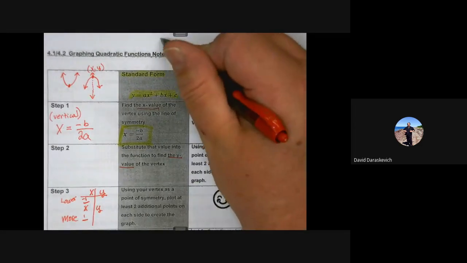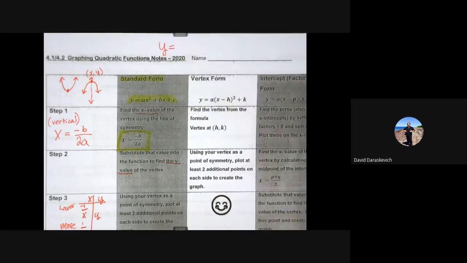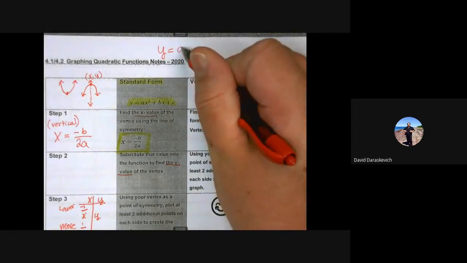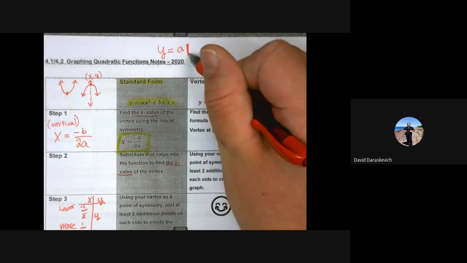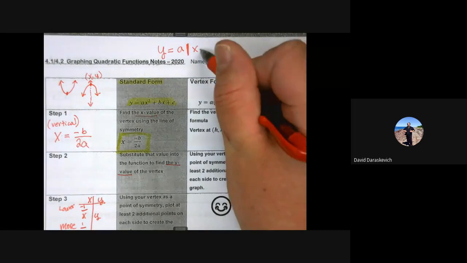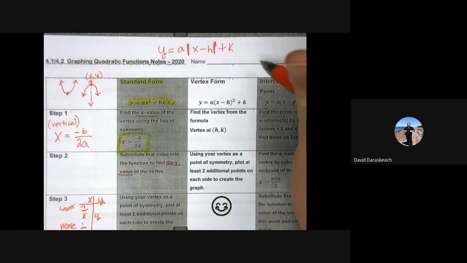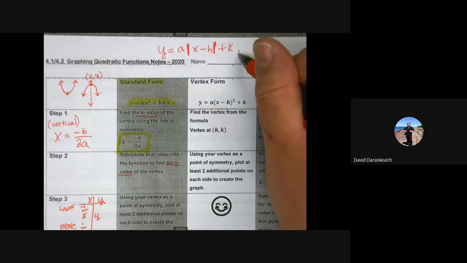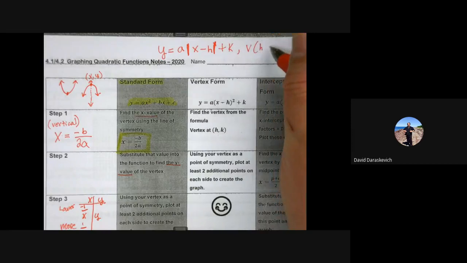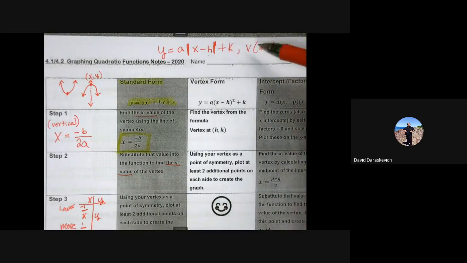Remember, in absolute value, you had y equals a times the absolute value, x minus h, absolute value, plus k, and the vertex was h, k, where h is the opposite of the sign, k is the same as the sign.